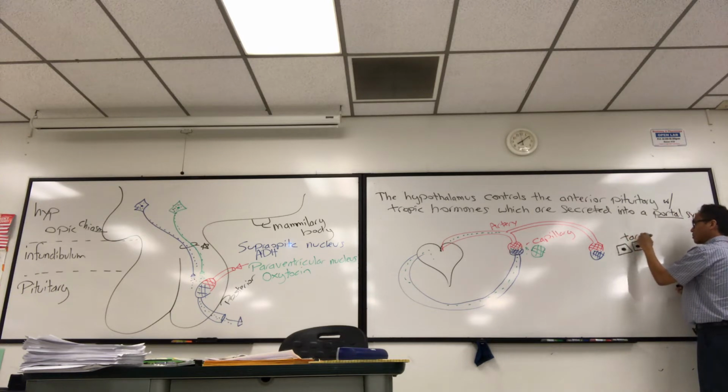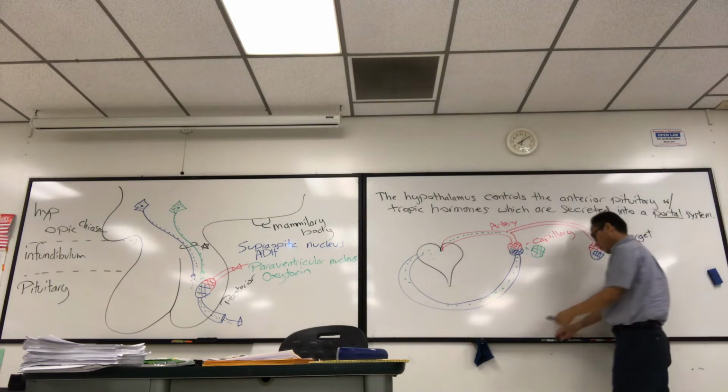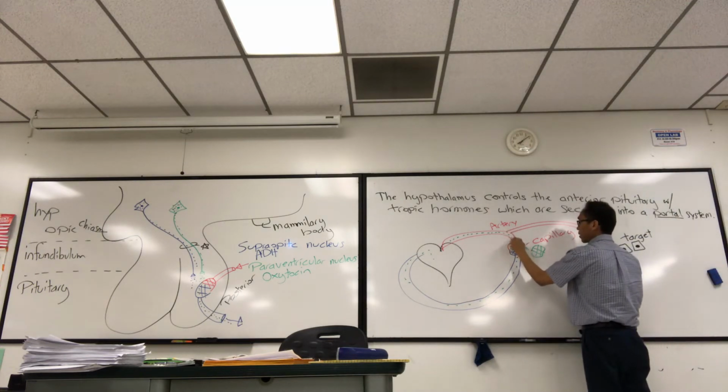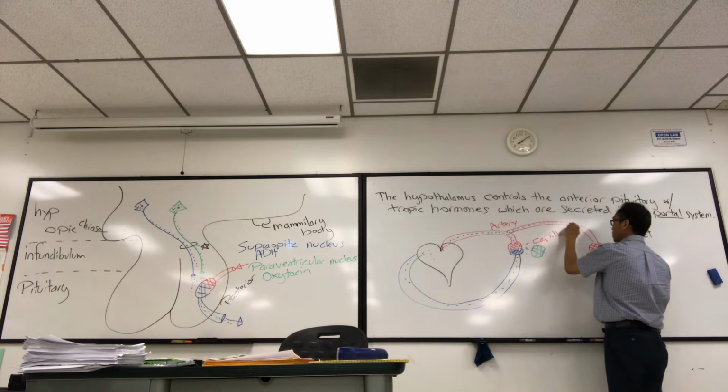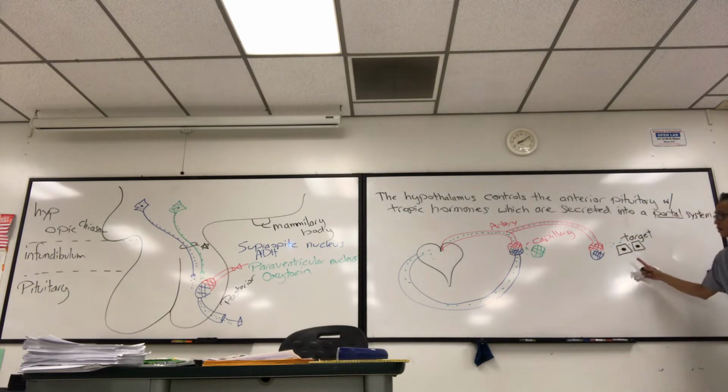Distant target cells. So those hormones, they go everywhere. They're going to go back, here, they're going to go here. They're only going to trigger a specific response in these targets here. So that's a long way to go, but that's usually how it works. Right? Arteries, capillaries, veins, back to the heart. And there could be some dilution here.